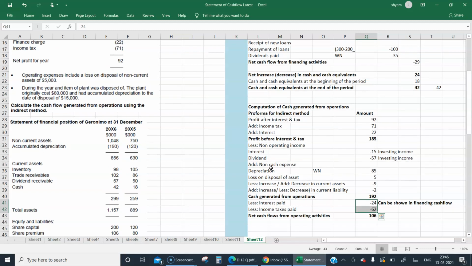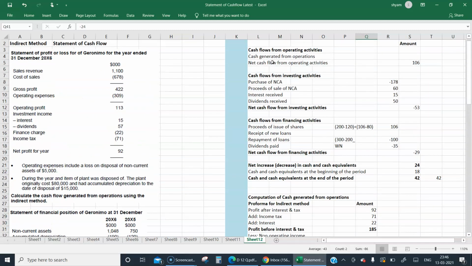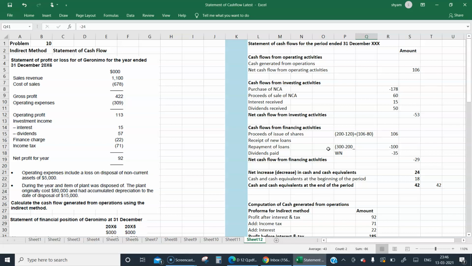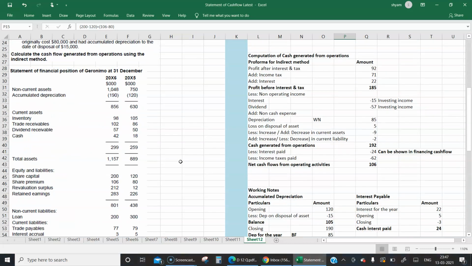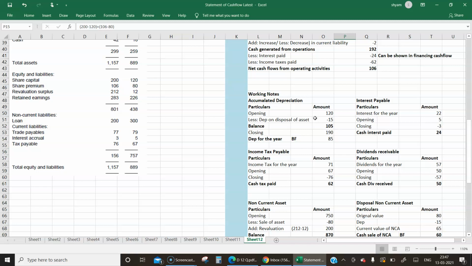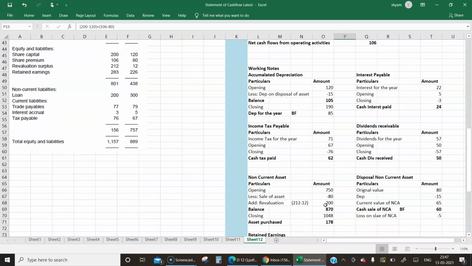So there was a loan, and that loan we have repaid. So that we have taken into account. Then shares have been issued at a premium. That also we have taken into account. Then we try to find out a revaluation surplus that we accounted here. And the total asset purchased was only 178, not 378.